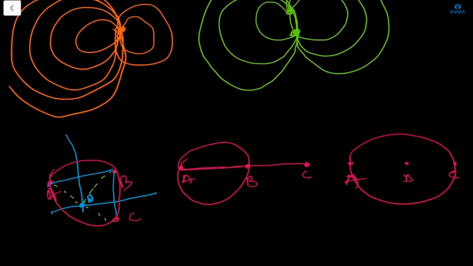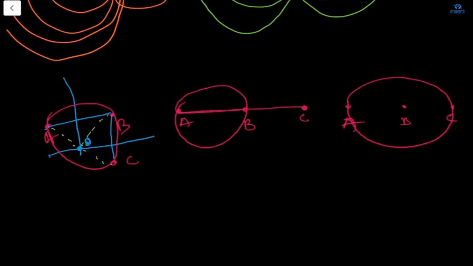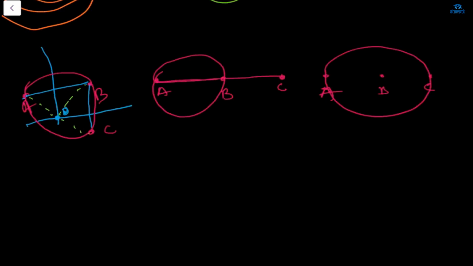For the 3 points, again, I will tell you here. If you are having 3 points, anywhere, but they should be non-collinear, A, B, C, you are going to draw the perpendicular bisector of both the lines. AB perpendicular bisector. For example, I'll show you this diagram.